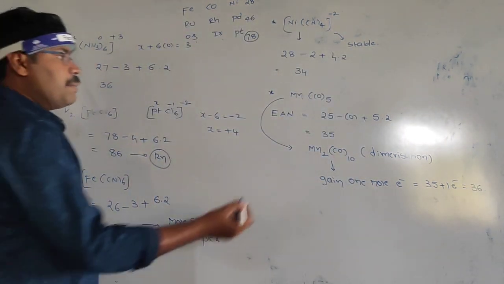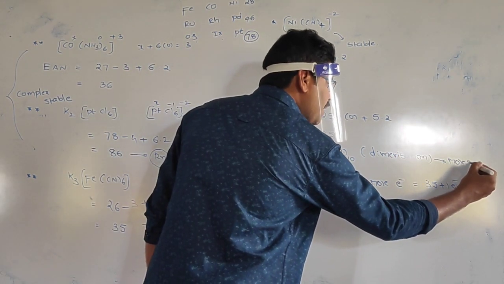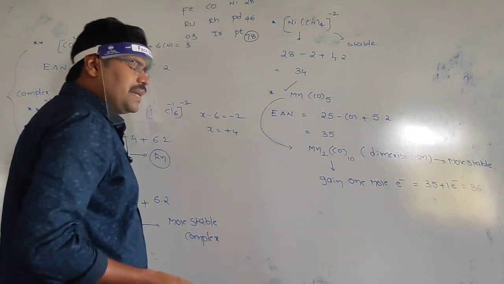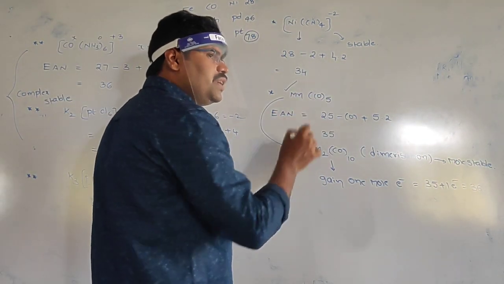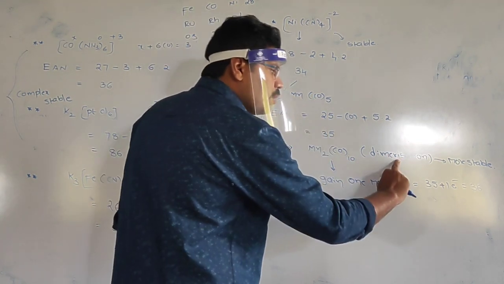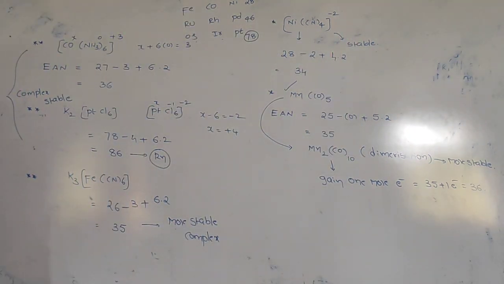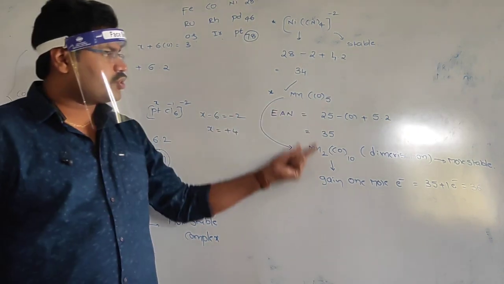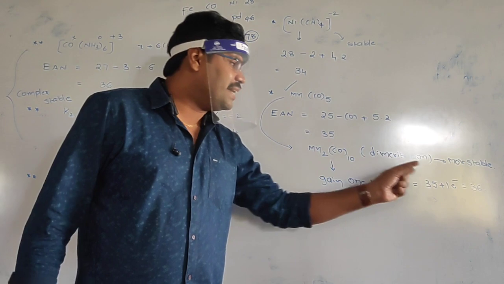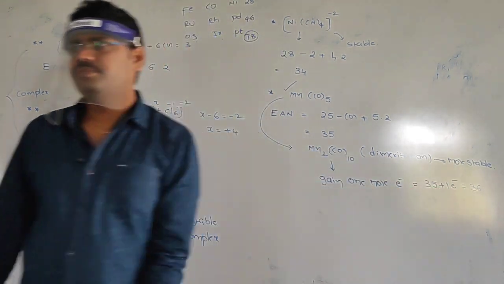In such a manner Mn(CO)5 appears to be more stable in its dimer form, because it follows Sidgwick's EAN rule not in the monomer form but in the dimer form. Is it clear, students? Why does Mn(CO)5 exist as a dimer, sir? It exists as a dimer to satisfy Sidgwick's EAN rule, to get an inert gas atomic number, which appears to be more stable.